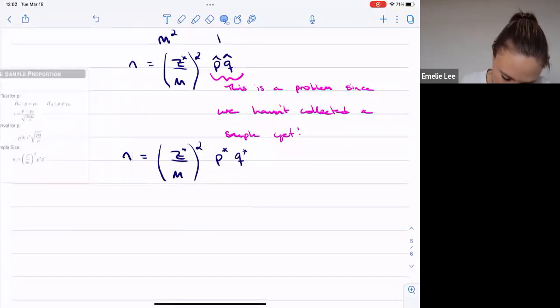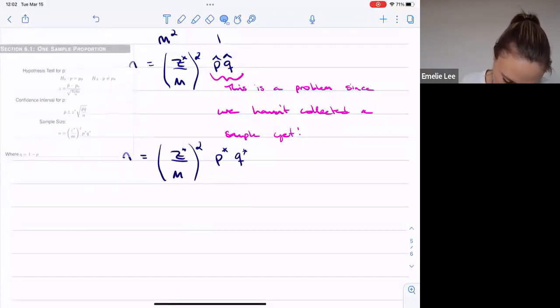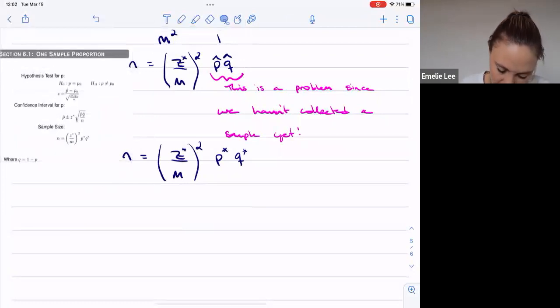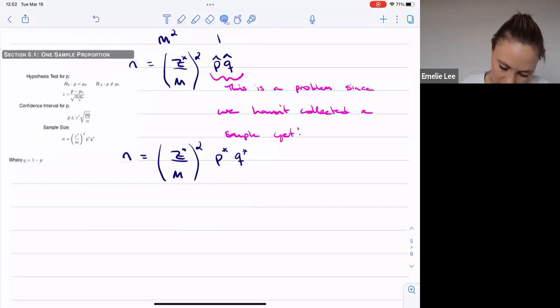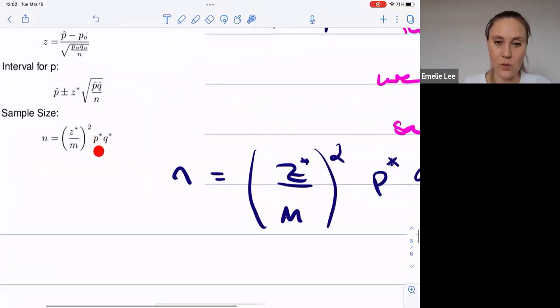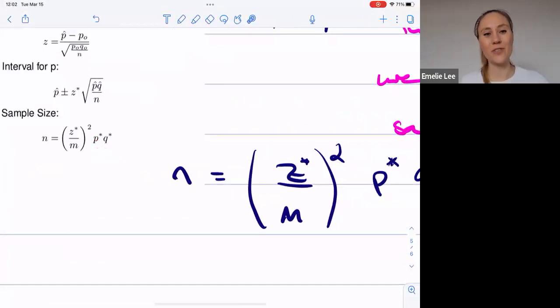Let's see if I can bring it so that it fits there. Okay. So here, notice that we've got the p star, q star. We have two options for what we use for p star. Remember, q star is just one minus p star.